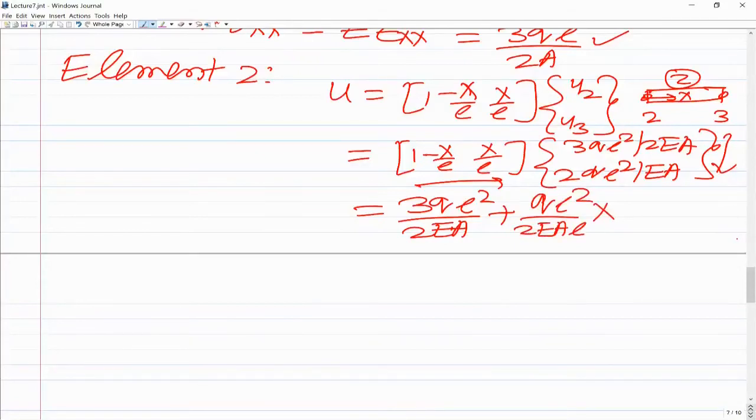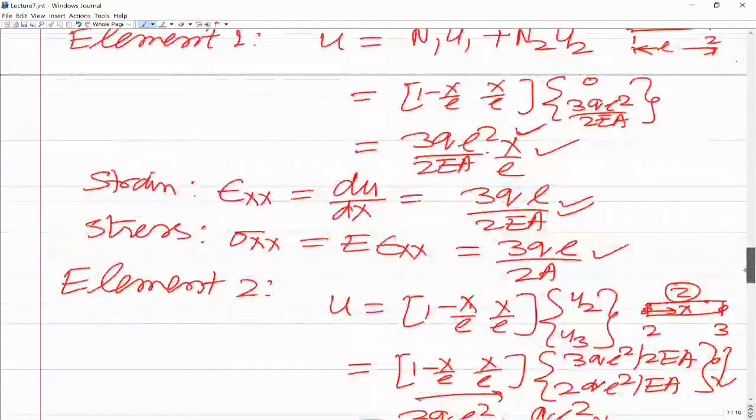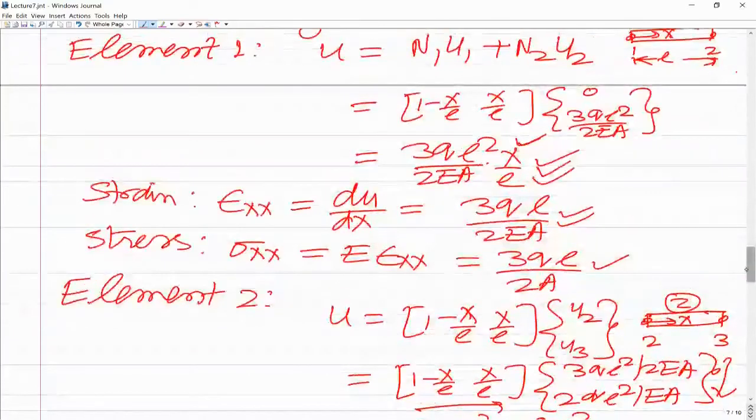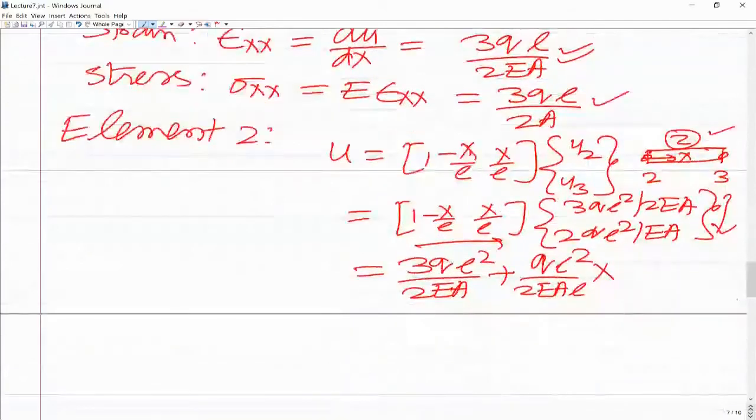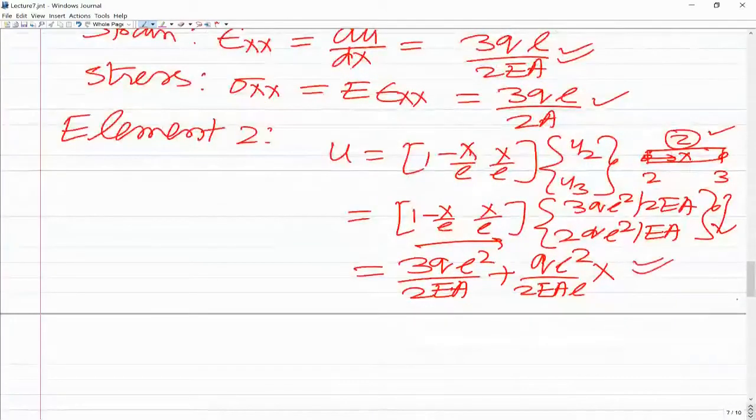If you had to calculate displacement anywhere within the first element, you will use basically this equation, and if you have to calculate the displacement at a location which comes within the second element, then you will use this equation.